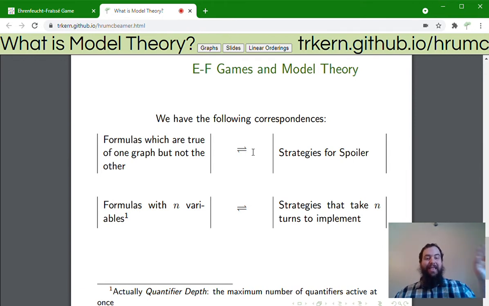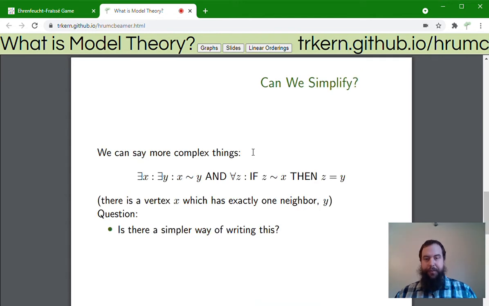So suddenly we have the ability not just to reason about whether or not there is a formula that distinguishes these 2 graphs based on the question of does spoiler have a winning strategy, we can actually reason about how big those formulas are by looking at how long it takes spoiler to exploit the difference between these 2 graphs.